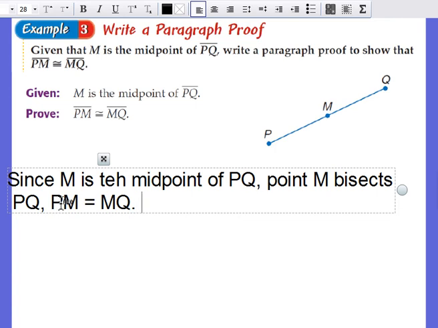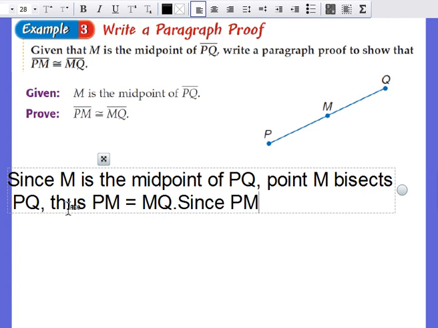Since M is the midpoint of PQ, M bisects PQ, thus PM is equal to MQ. And of course, then you can put there furthermore, or I'll just put since. This is just an example, just to give you an idea how it works. Then you can also say since segment PM is congruent to segment MQ. Don't forget, I forgot to put the symbol.